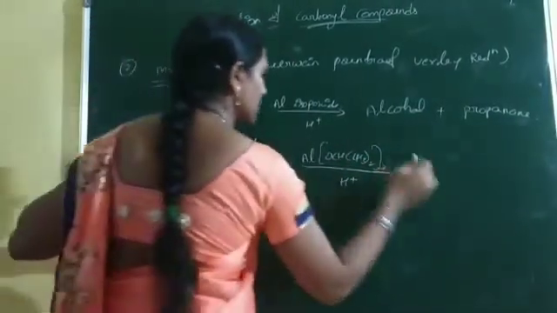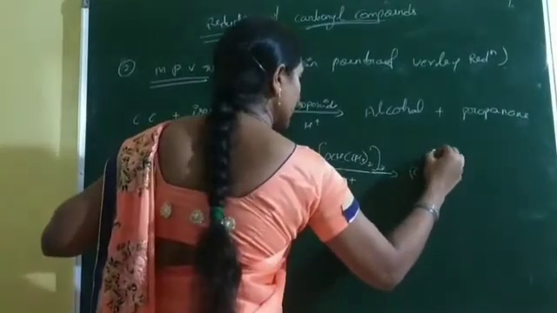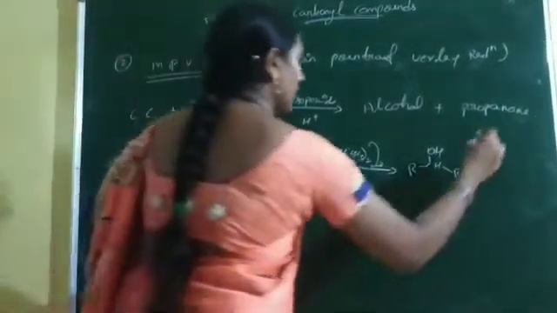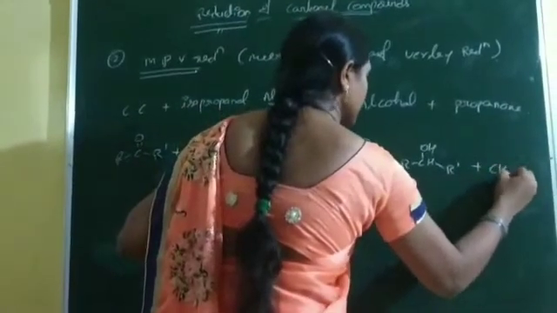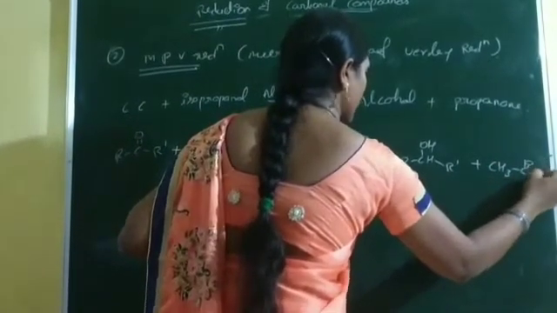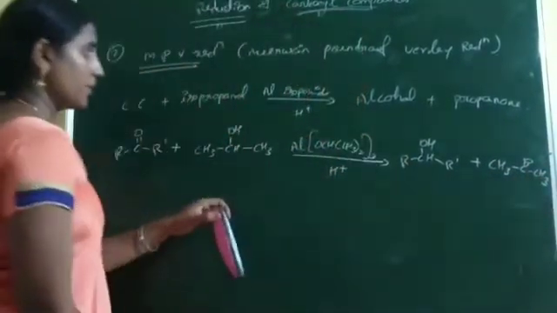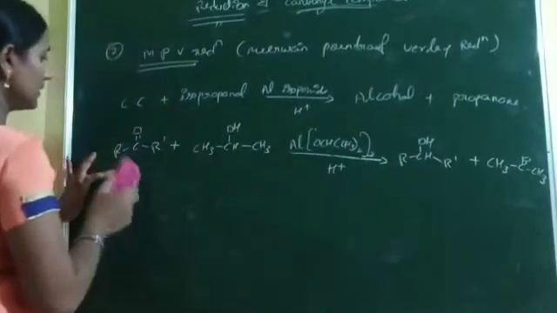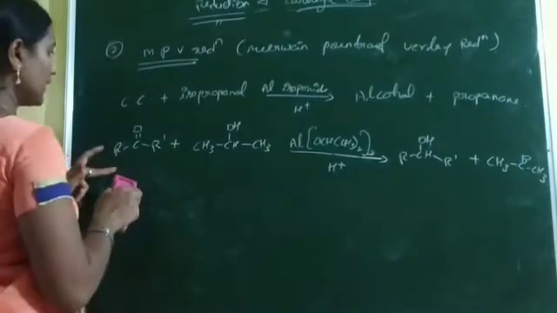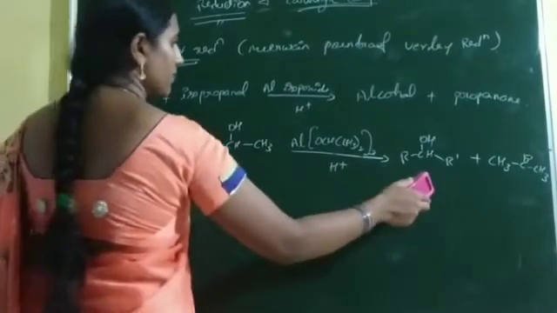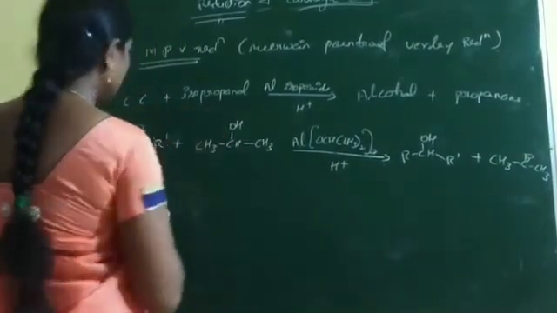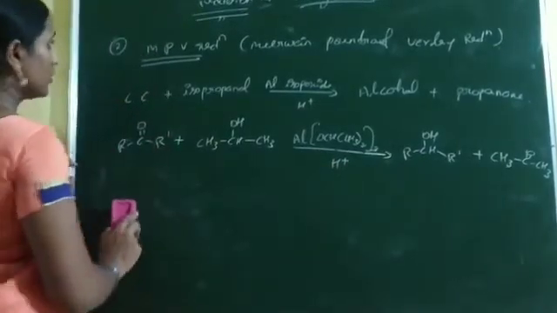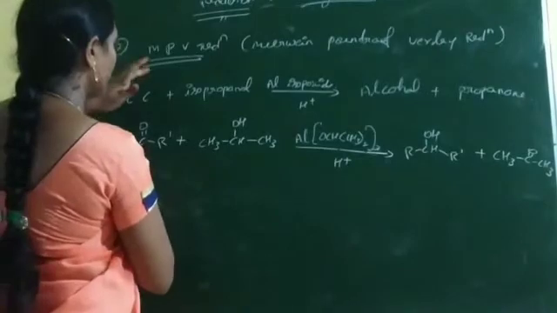The ketone turns to secondary alcohols and the byproduct is propanol. The product alcohol depends on the reactant. If you take aldehyde, we observe primary alcohols. When you take ketone, we observe secondary alcohols.